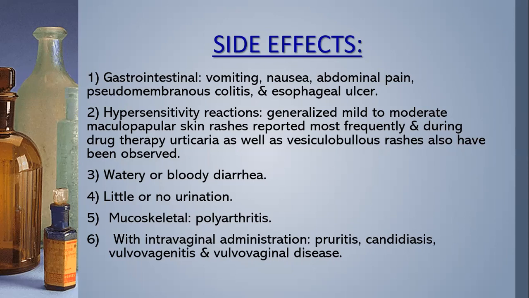Watery or bloody diarrhea it can cause, and little or no urination can also occur. In the musculoskeletal system, it can lead to polyarthritis, and with intravaginal administration, pruritus, candidiasis, vulvovaginitis, and vulvovaginal diseases can be caused as side effects.